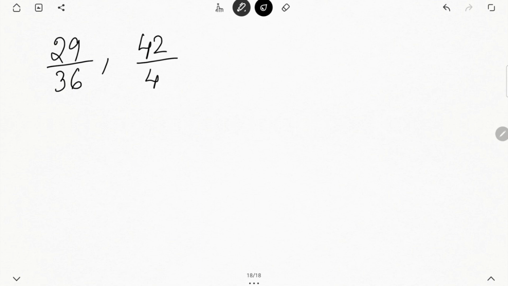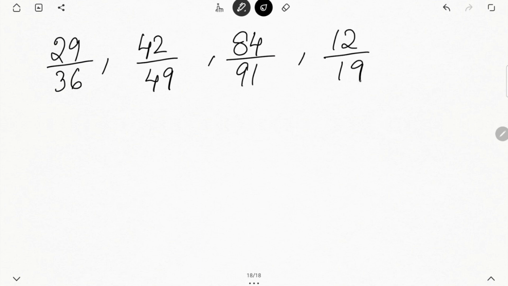Let us take another example: 29 by 36, 42 by 49, 84 by 91, and we have 12 by 19. To arrange these fractions in ascending order, we first find the difference between the numerator and the denominator of each fraction.